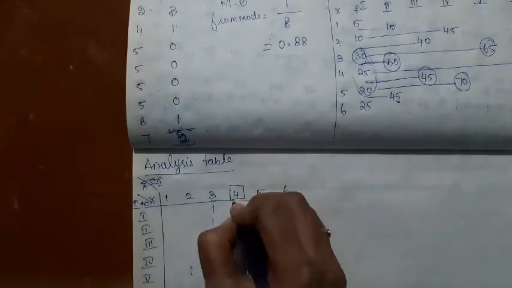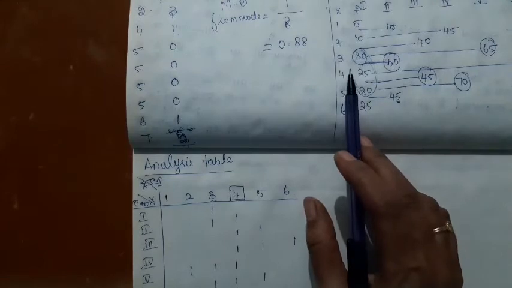The corresponding values of x are 3, 4 and 5. When you calculate the total, you get under 1 only one tally. Here 4, here 5, here 3, here 1. So the mode is equal to 4.